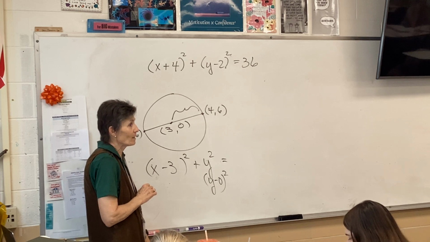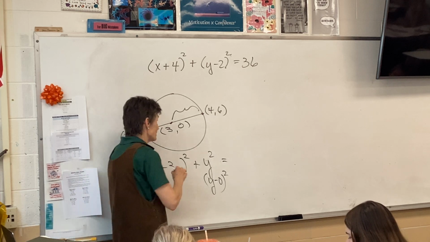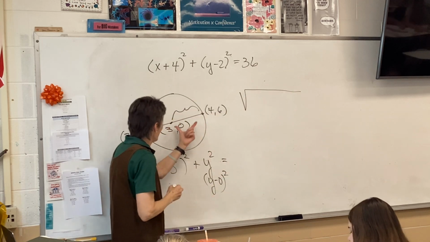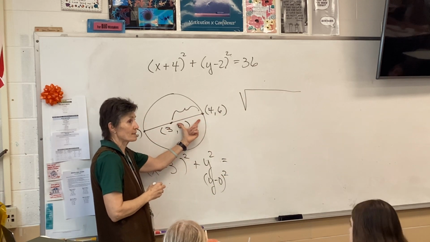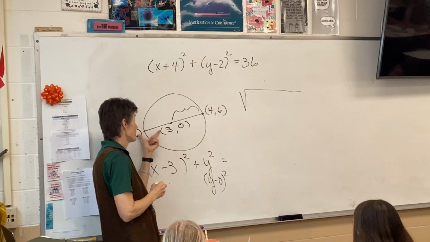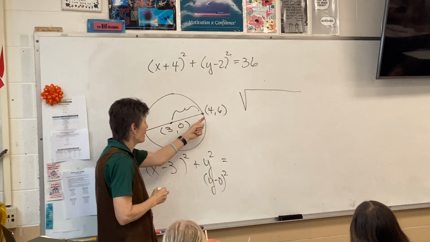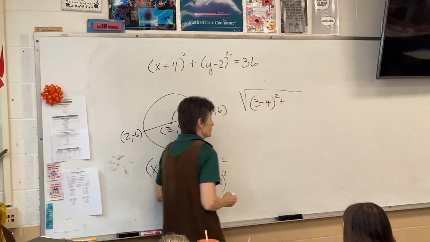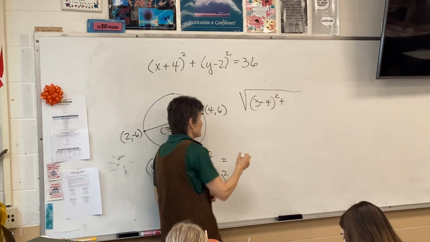How do I find my radius? Distance formula. So it's a big radical. I'm going here, between these points. You could go here, I'm going here. So 3 minus 4 squared and 0 minus 6 squared.